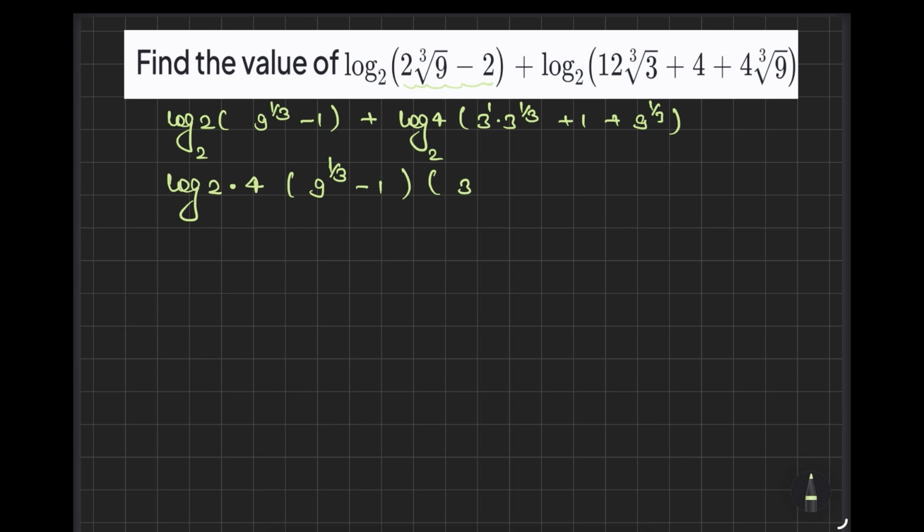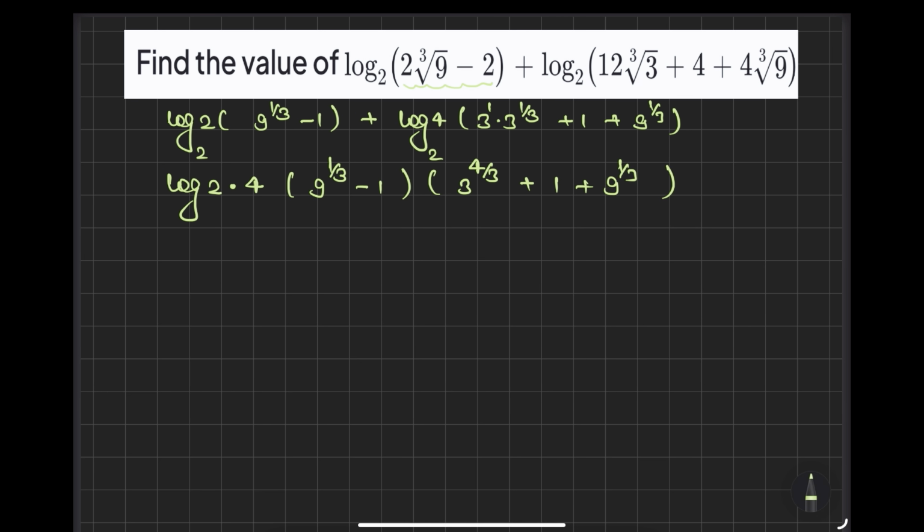So it is 3 power 4 by 3, okay? Like I'll tell you what I will do with this part. Plus 1 plus 9 power 1 by 3.